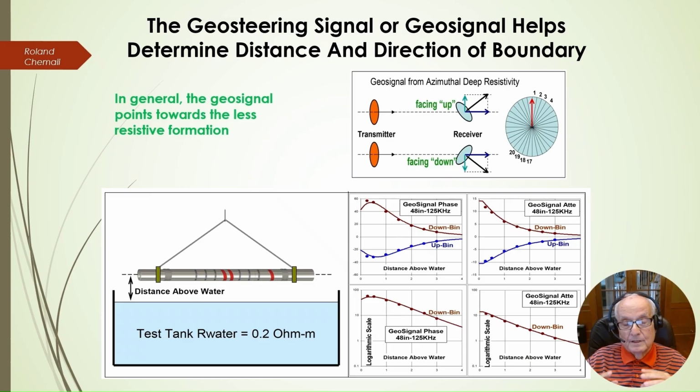The concept of geosteering uses an entity called geosignal. Geosignal is like the signal from a metal detector. Geosignal, which comes about in tilted coils, tilted receivers, detects approaching boundaries from the side, so if it's a conductive boundary, you get a strong signal.